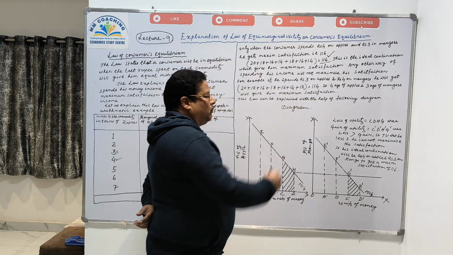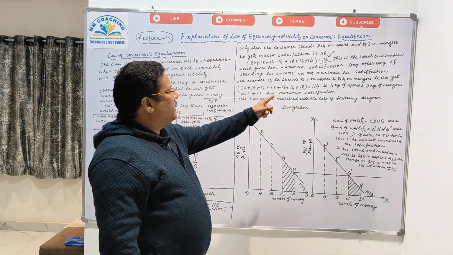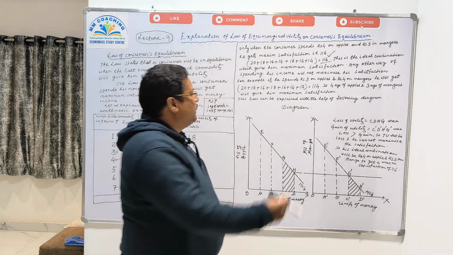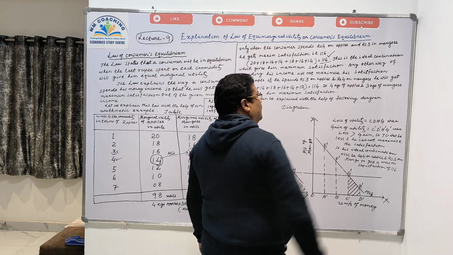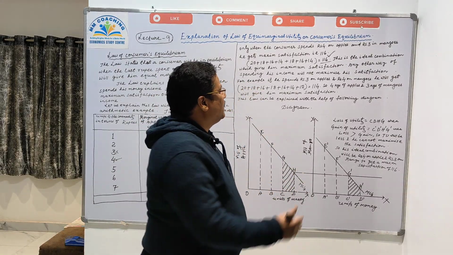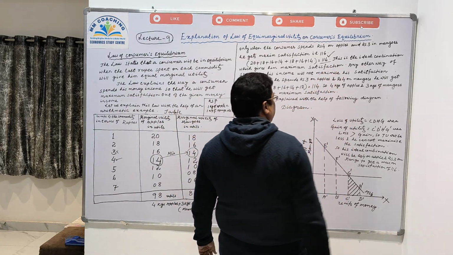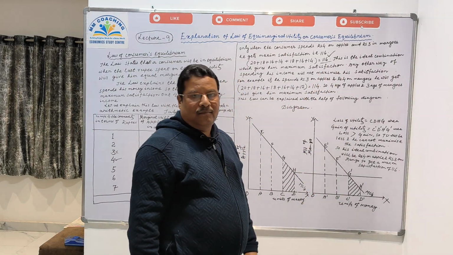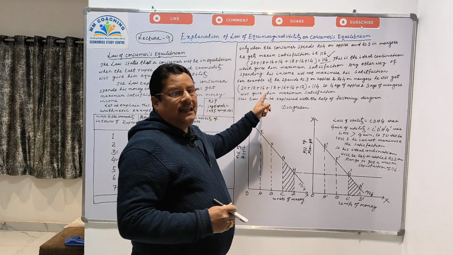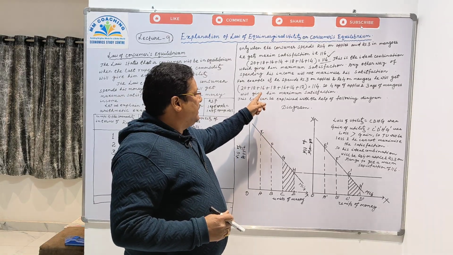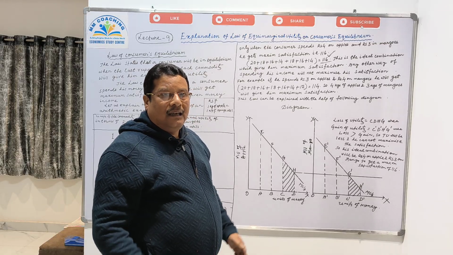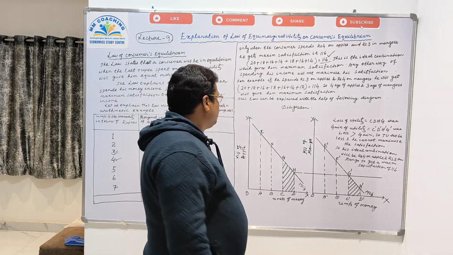If we sum up these figures, it will come as 114, which is less than our previous ideal combination, that is 116. Why? In this combination, he is not able to maximize his satisfaction. You just try to understand.